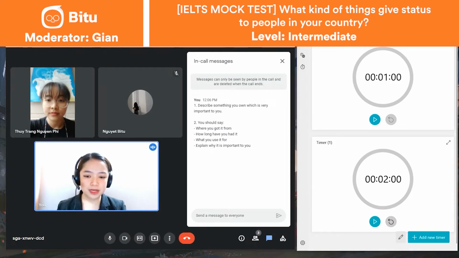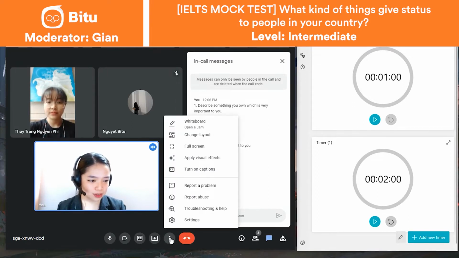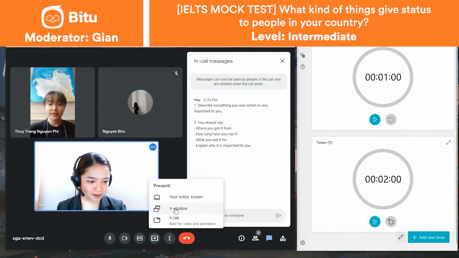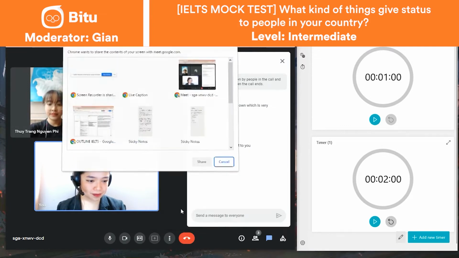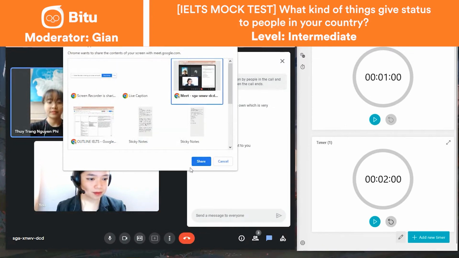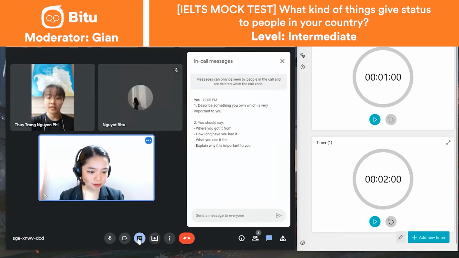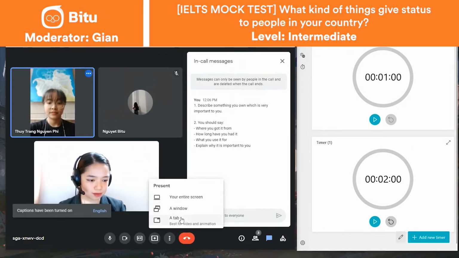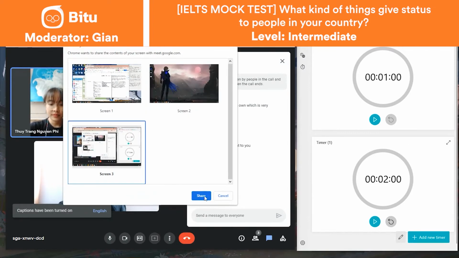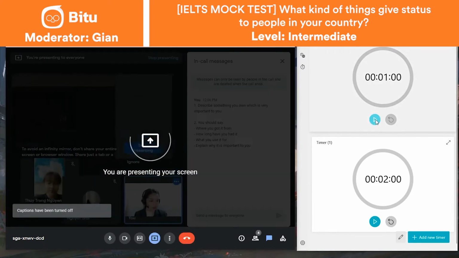I will be setting a timer. I'll give you 1 minute to prepare. You can jot down notes on your paper. It will be very helpful if you do it in a real-life test. Let me show you my screen so you can see the time. After 1 minute, I'll give you 2 minutes to answer. Wait a moment. I'll start the timer.